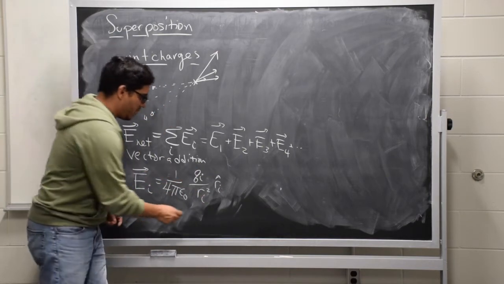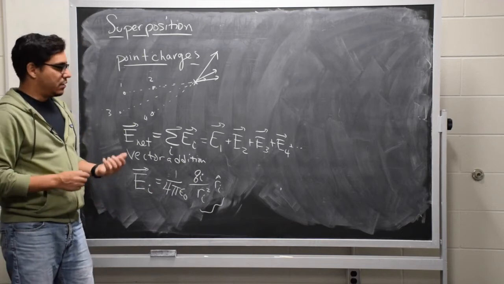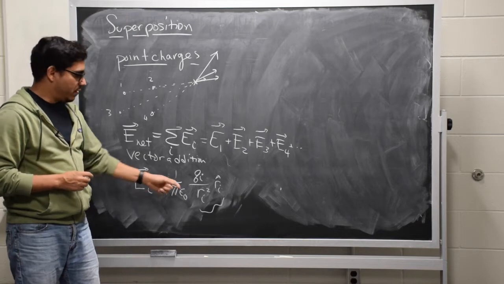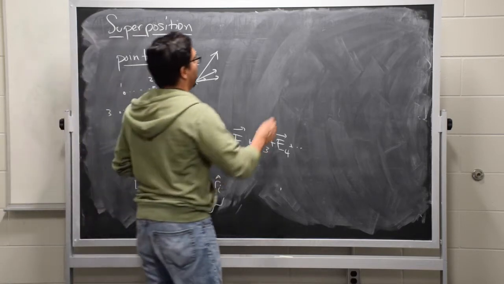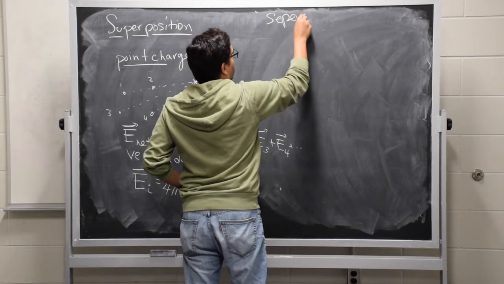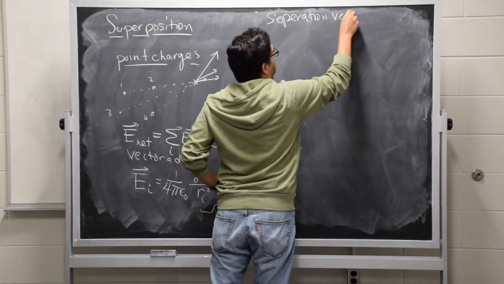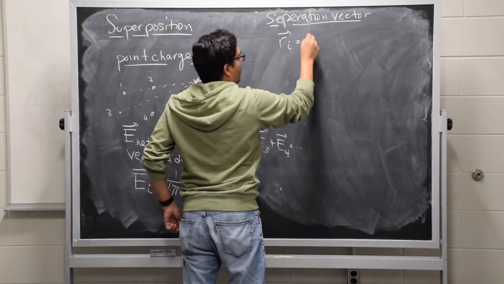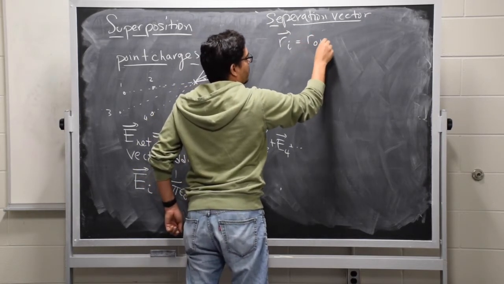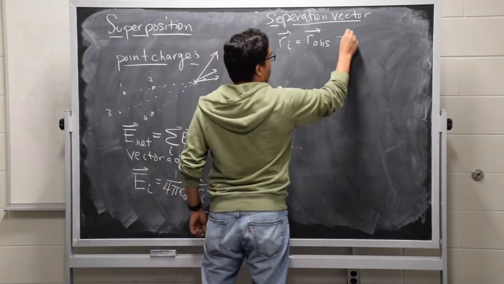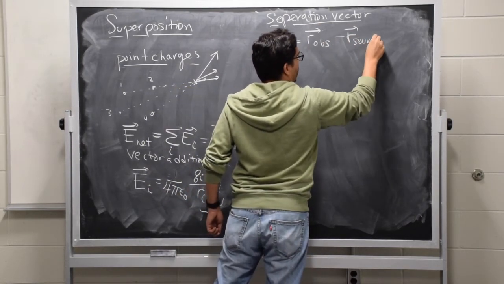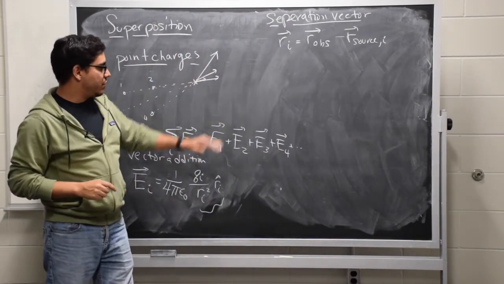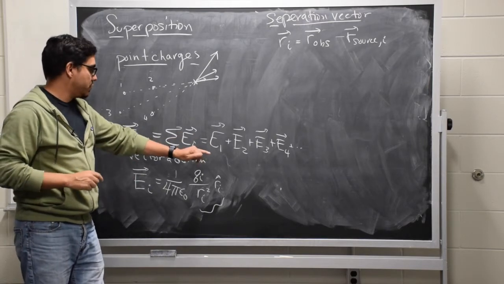And all of these quantities can be different for each of these charges. So you have to keep track of each individual one because each of them has a slightly different separation vector. While they all share the same observation location, the observation location is exactly the same for all of them. It's the source locations that are individualized. They're different for each one. So this all comes into play when you're calculating the electric field for each of those charges before you add them all up.